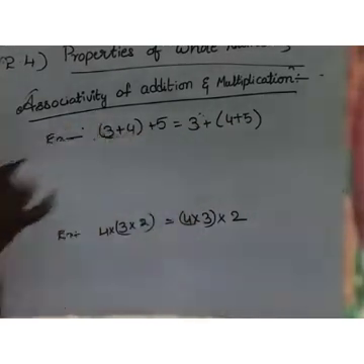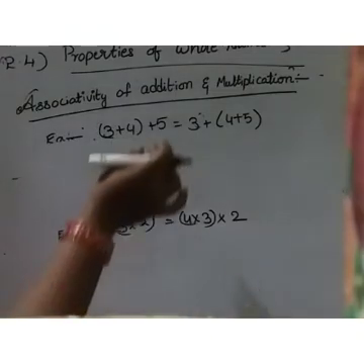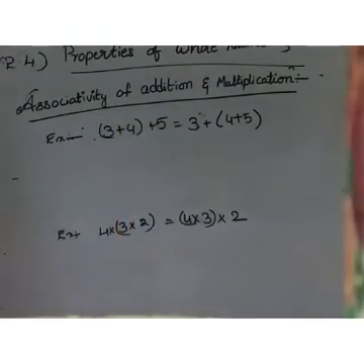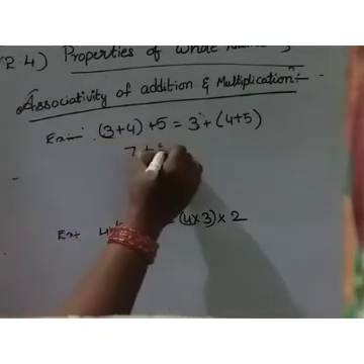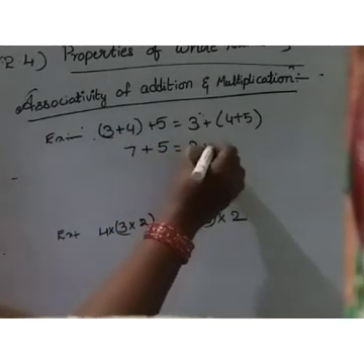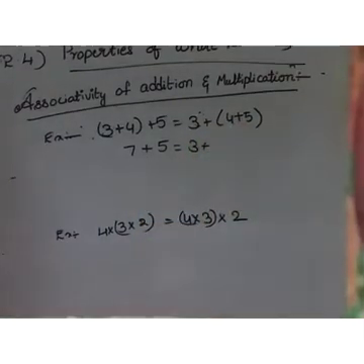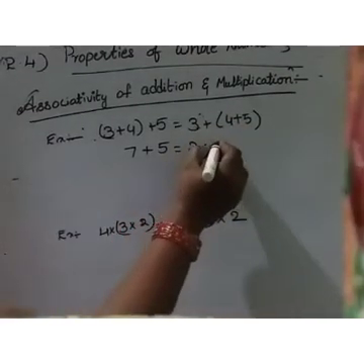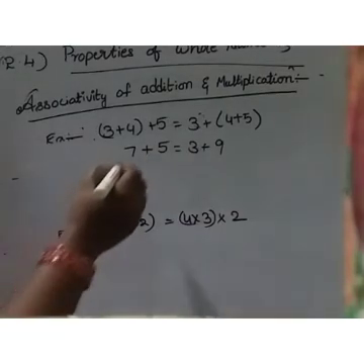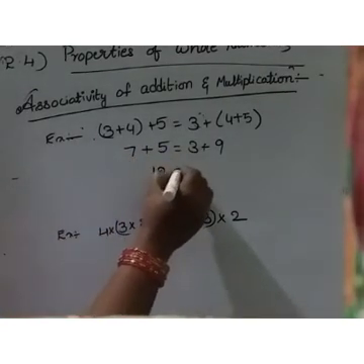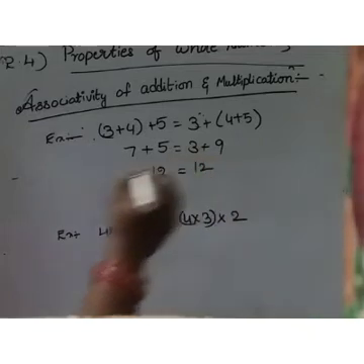Here 3 plus 4 is in one bracket, next 5 is a single number. So when we add these two, 3 plus 4 is 7, 7 plus 5. Here 3, and this bracket 4 plus 5 is there. 4 plus 5 equal to 9. 7 plus 5 equal to 12. 3 plus 9 also 12.